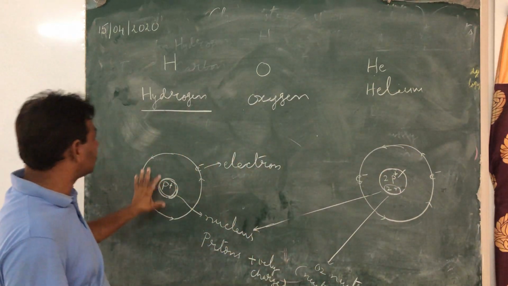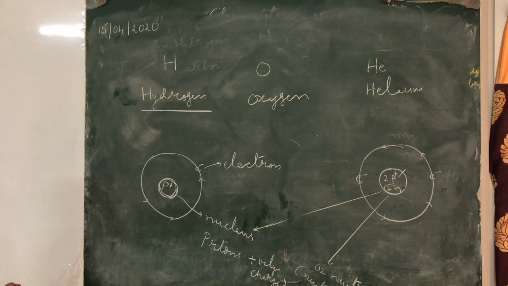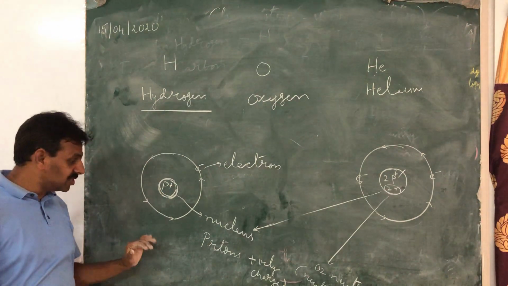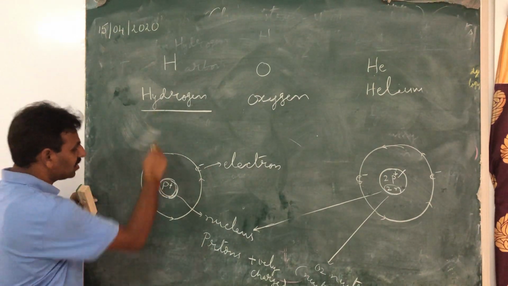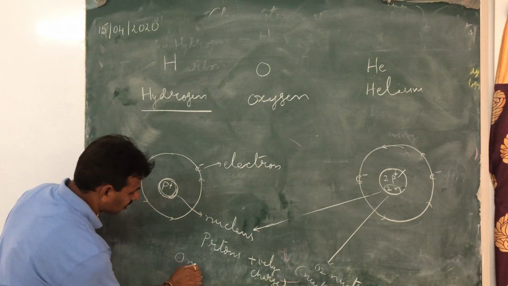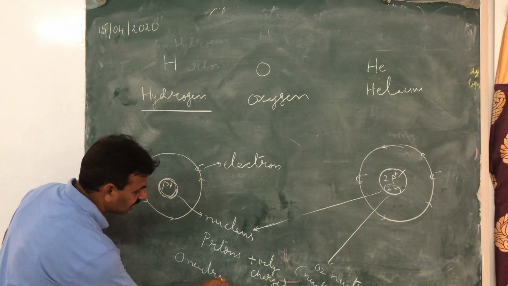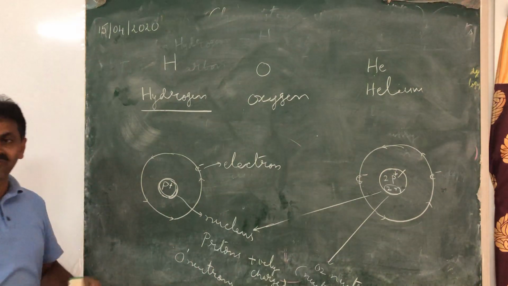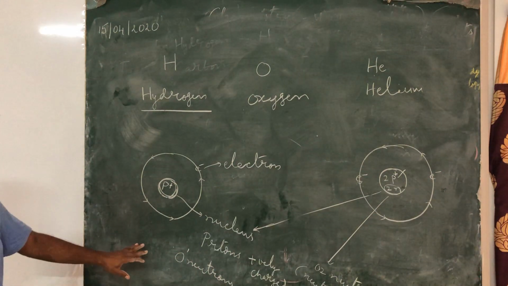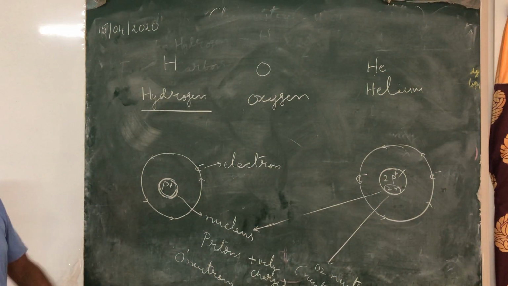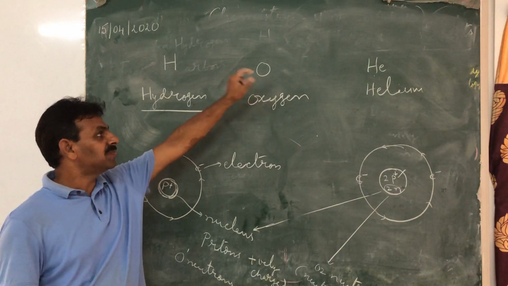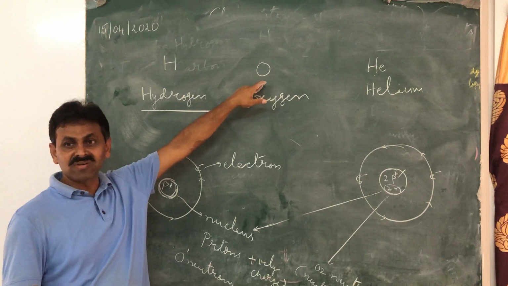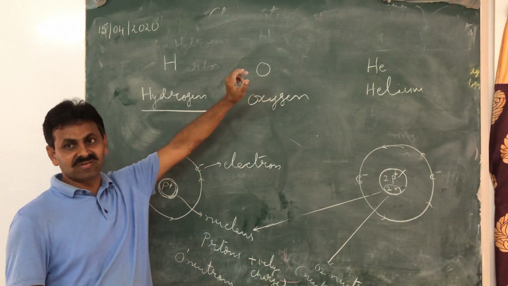This is the structure of the hydrogen atom. Hydrogen has 1 electron and 1 proton, 0 neutrons. This is the only element which has 0 neutrons. The rest all have neutrons. Oxygen, I said, has 8 protons, 8 neutrons and 8 electrons.